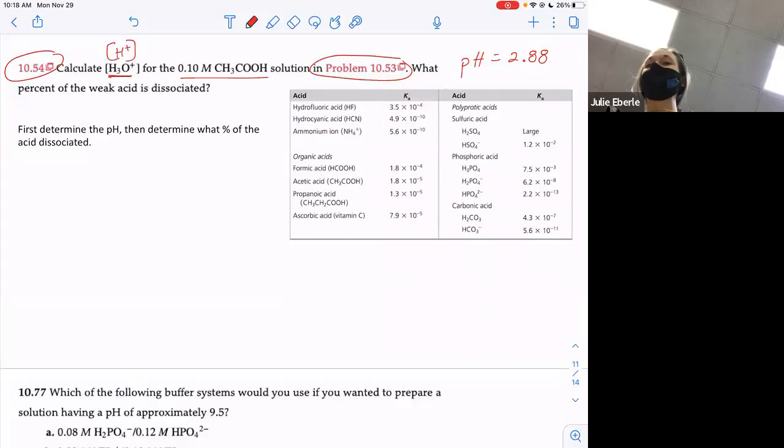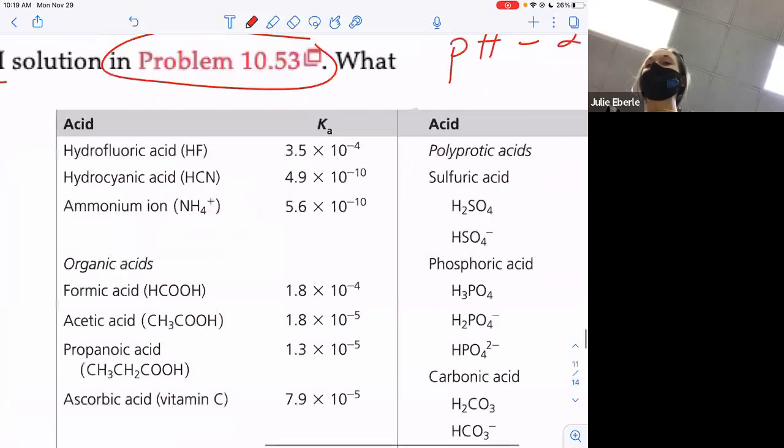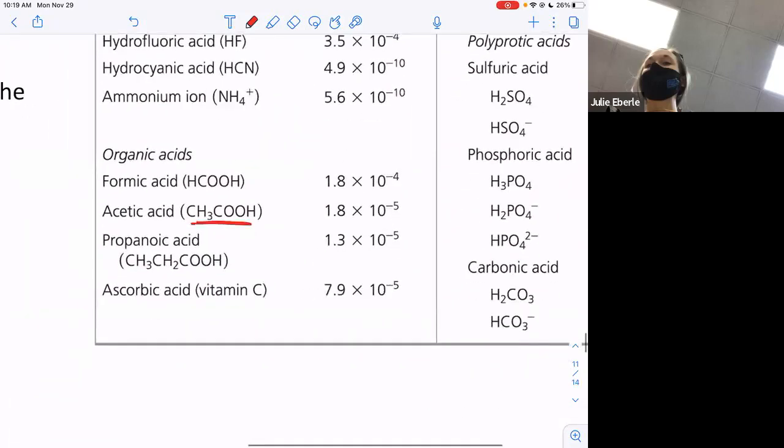It says calculate the H3O plus concentration for the 0.1 molar solution of acetic acid. What's the percent of the weak acid that dissociated? So I'm giving you a little hint here. First, determine the pH. Then we can determine what percent of the acid dissociated. So the info that we need is right here on this table where it says acetic acid. Whoops, right there. And we need this number. That is the, what is that?